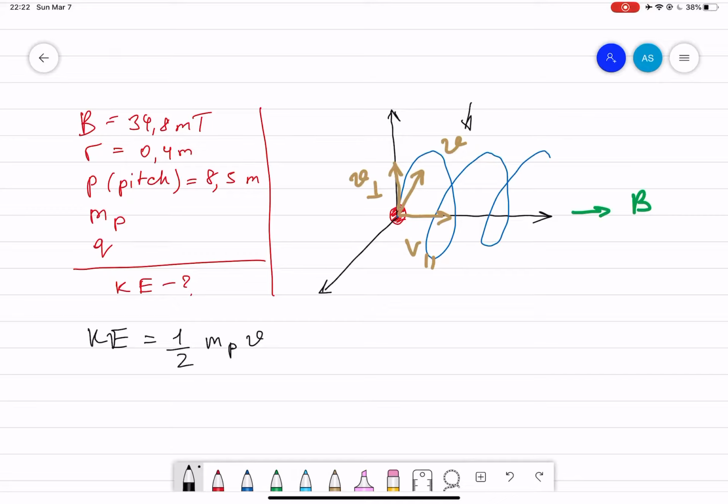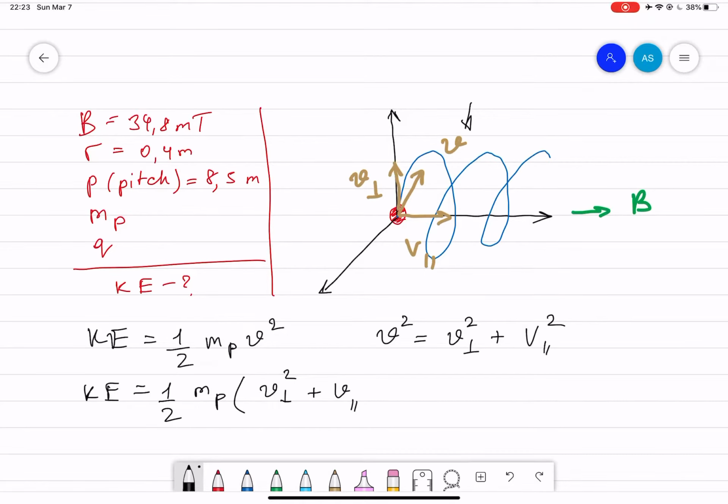Now if v is that one, then v squared is equal, because we have velocity in parallel and perpendicular, to v perpendicular squared plus v parallel squared. Now that means kinetic energy is equal to 1/2 mass of the proton multiplied by v perpendicular squared plus v parallel squared.